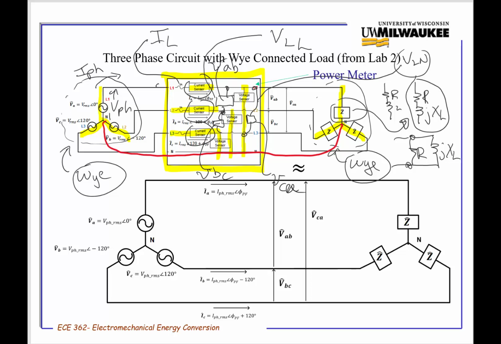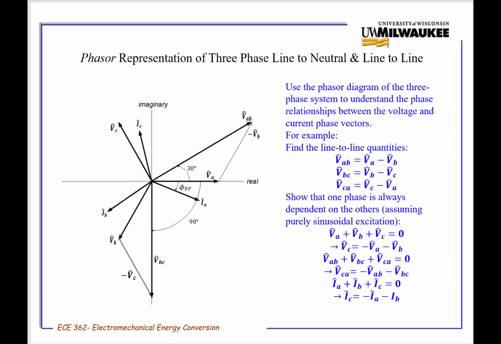That is the key to understanding how to analyze three-phase. Understanding what is the phase voltage, what is the line to neutral voltage, and when they are equal to each other. So we will go into that as we get deeper into three-phase systems. What does the line-to-line look like if we were going to use phasor analysis?